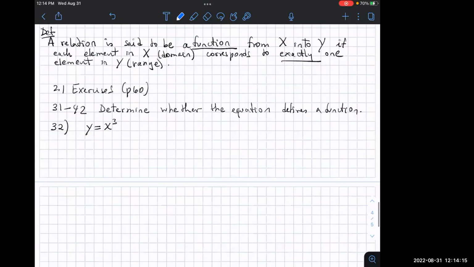Okay. So now in order to answer this question, since it's the definition of a function, let's highlight the important part. Each element in the domain corresponds to exactly one element in the range. The key is exactly one and each, okay? So first we have to know what the domain is. So let's look at the domain. For y equals x cubed, when I pick a number for x and substitute in, if I were to make a table, I want to know what values I can pick for x, right?